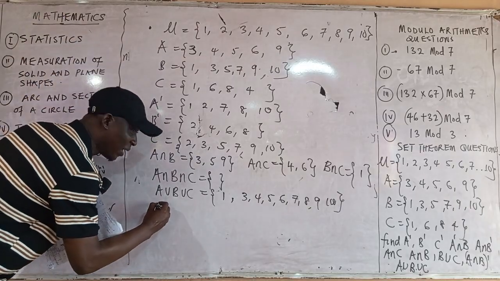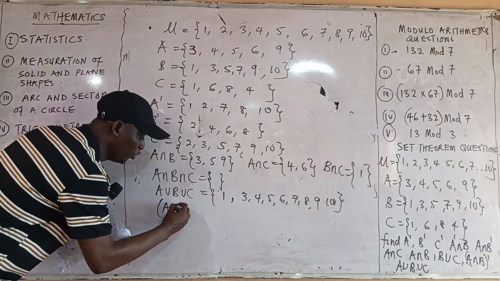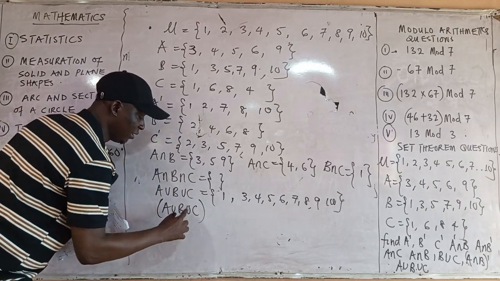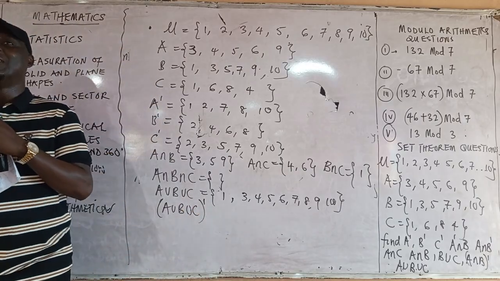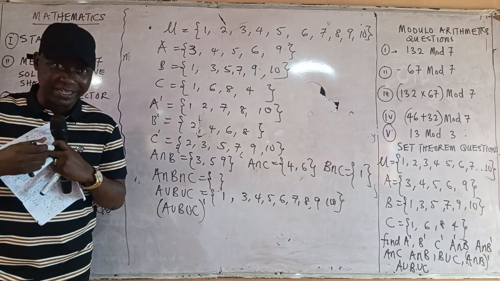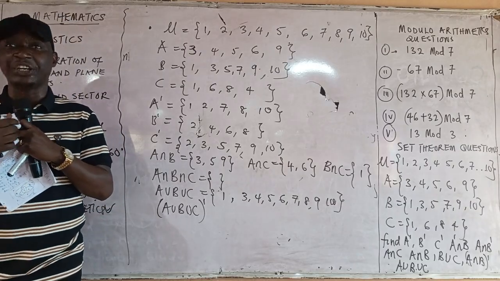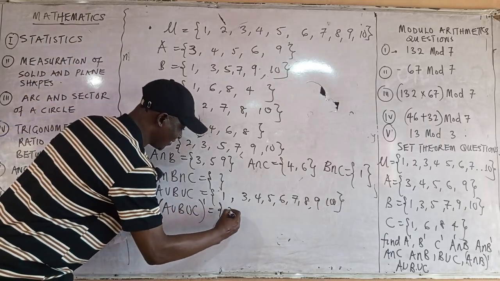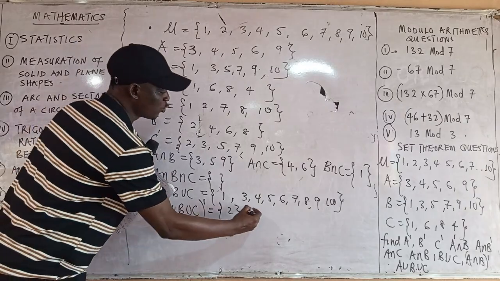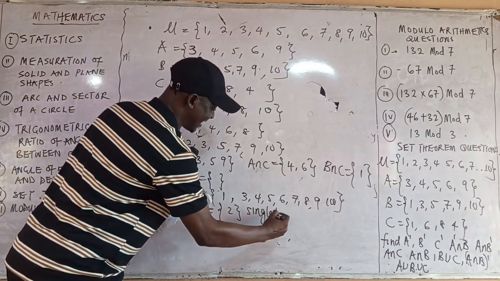Now, this one says what? A union B union C complement. I count 1 to 3. 2, right? Excellent. This one is what we call a singleton.